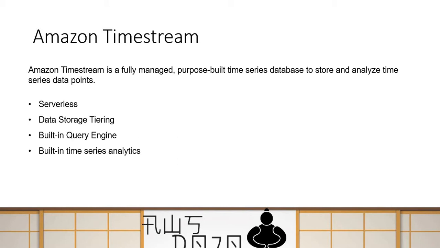This service supports data storage tiering, and basically this is a way you can optimize your data for performance and cost as well. I will explain this topic later in another slide, but just keep in mind that the service supports data storage tiering, whose primary purpose is to do some kind of optimization between performance and cost.